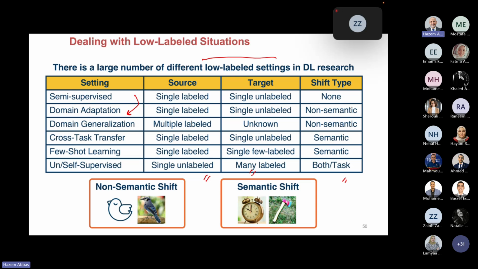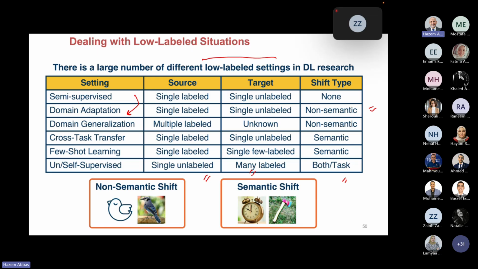So what they do, they hire a radiologist to tag or label some of the images and then use these tagged images to label the rest. So we have a single label, the target is single unlabeled. There is no shift type here. In transfer learning, we have single labeled and the target is single unlabeled. So we're going to use it to label that. There is no semantics.